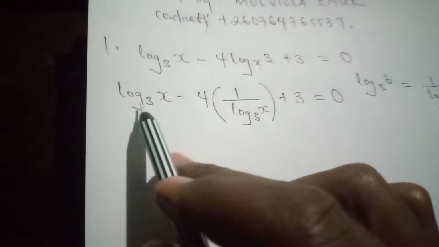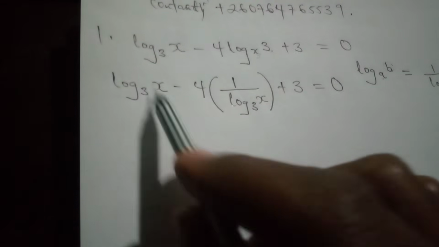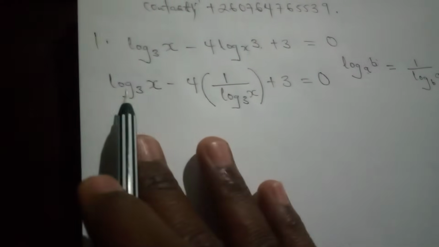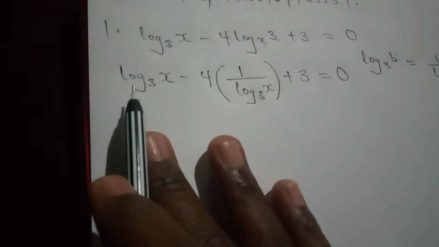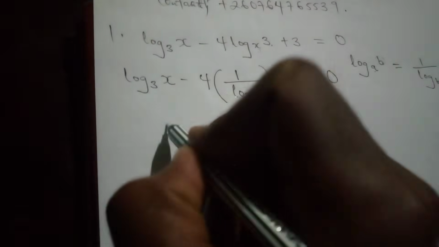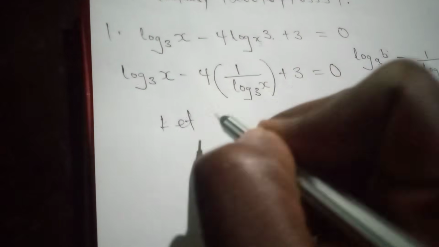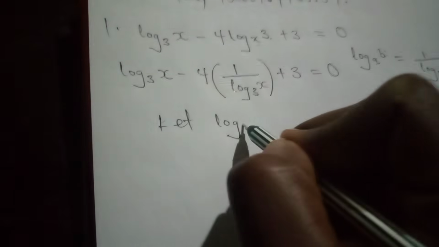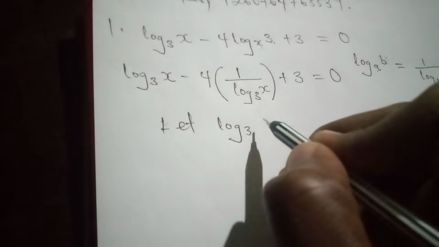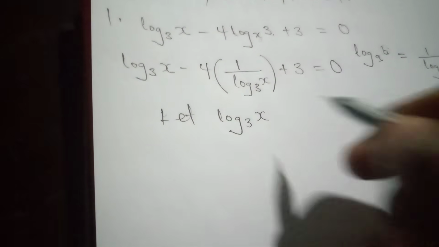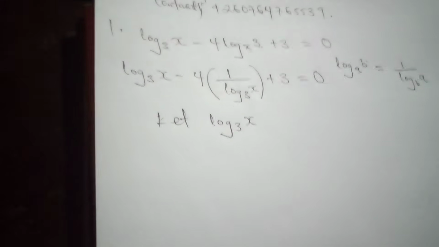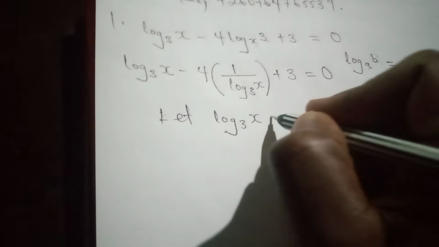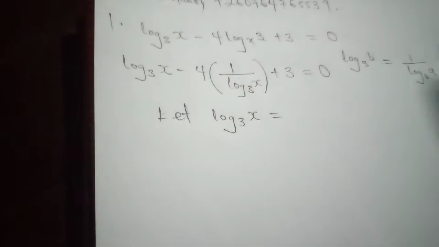Now since you're having the logs having the same bases, what you're going to do is to let log 3 of x is equals to any letter of your choice.